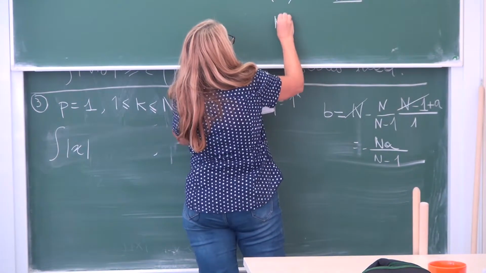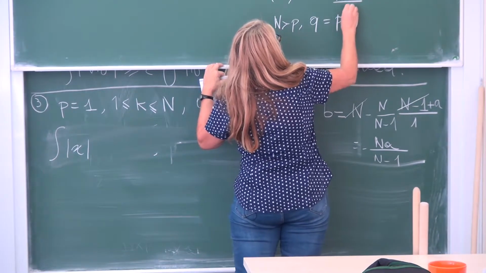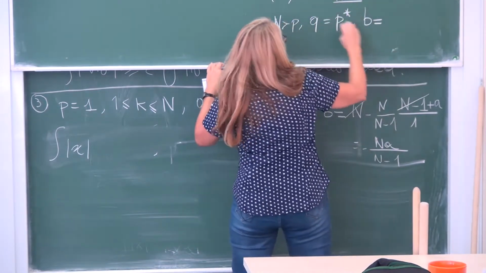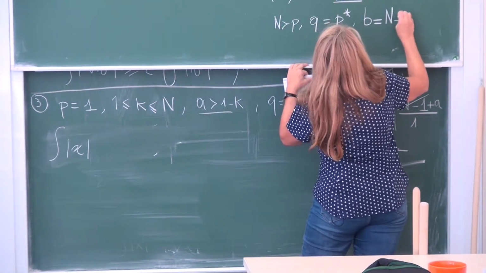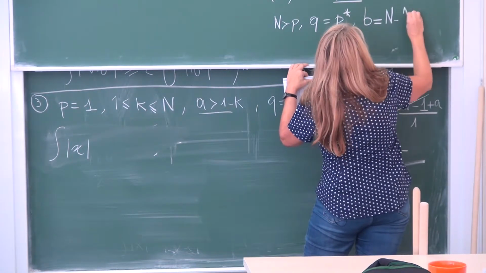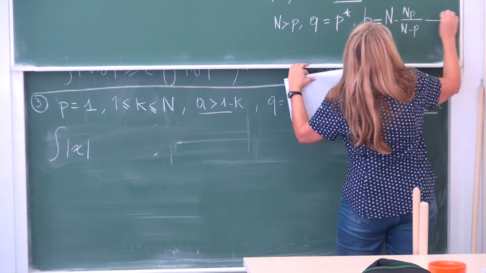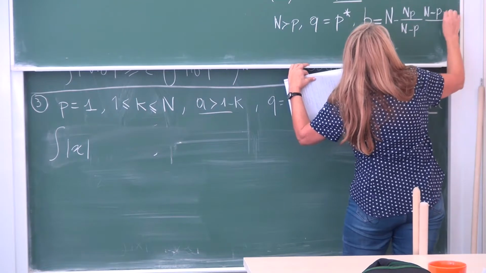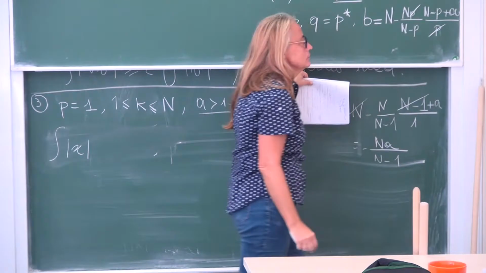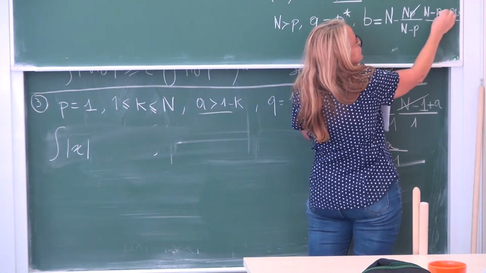Take N greater than P. Take Q equal to P star, and then B is equal to N minus, for any A. So this is N P over N minus P, times N minus P plus A over P. P and P cancel, but here this times here is n.